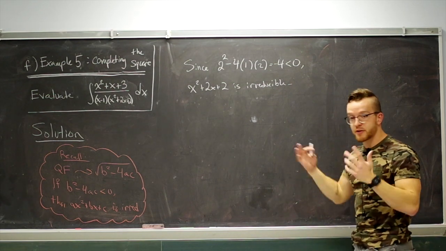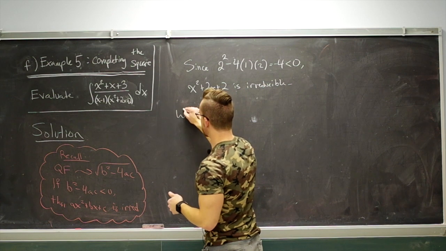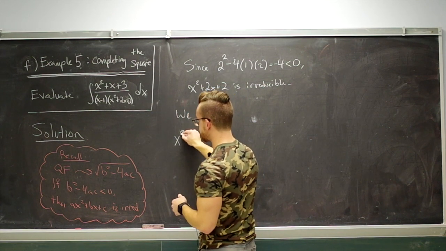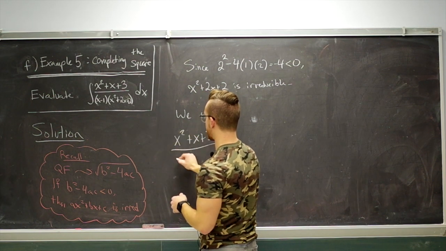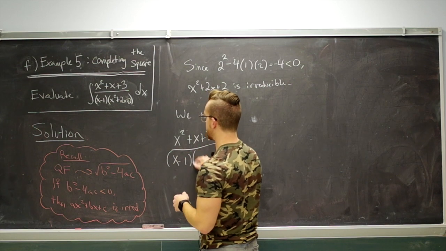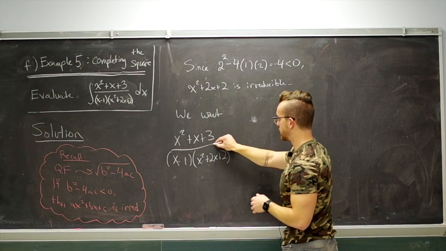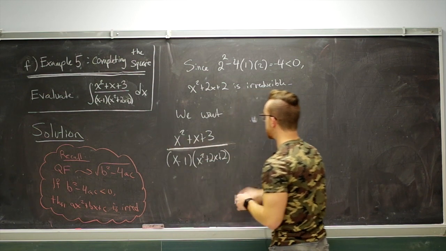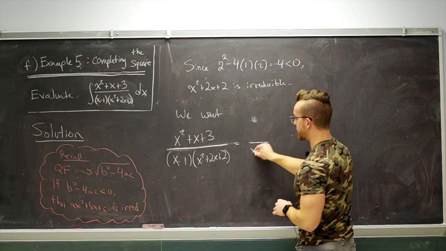Okay, well that's okay. We've already talked about how to handle irreducible quadratic factors. What do we want to have happen? We want to decompose our given fraction as, it's a curvy divided sign, two factors. I'll have something over x minus 1.